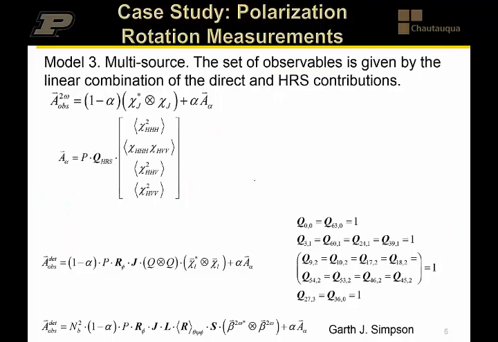So we can describe these observables in terms of the purely polarized component and a purely unpolarized component. Then the question is, how do we make this alpha sub A, which is the vector of those 10 coefficients that you would obtain in the limit of no polarization, or in the limit of hyper-Rayleigh scattering as the depolarized component.